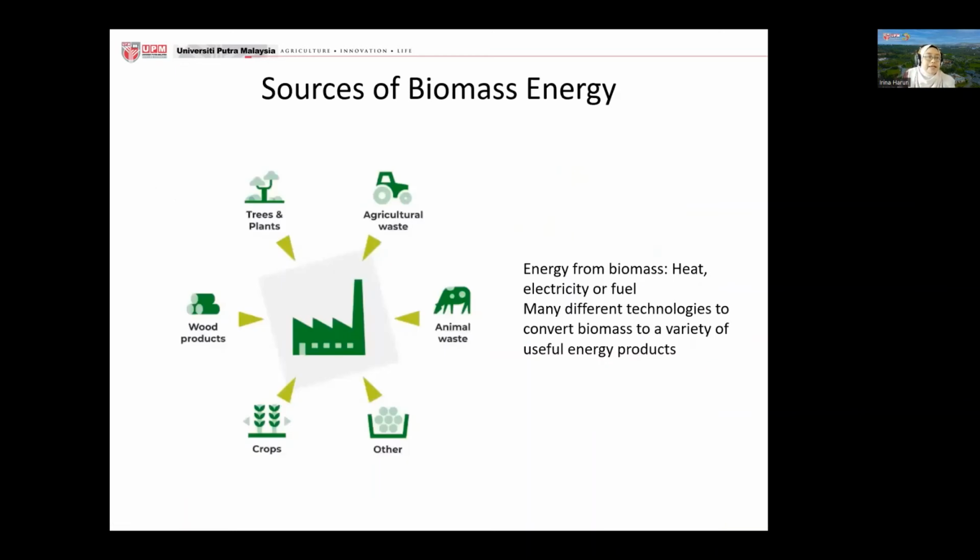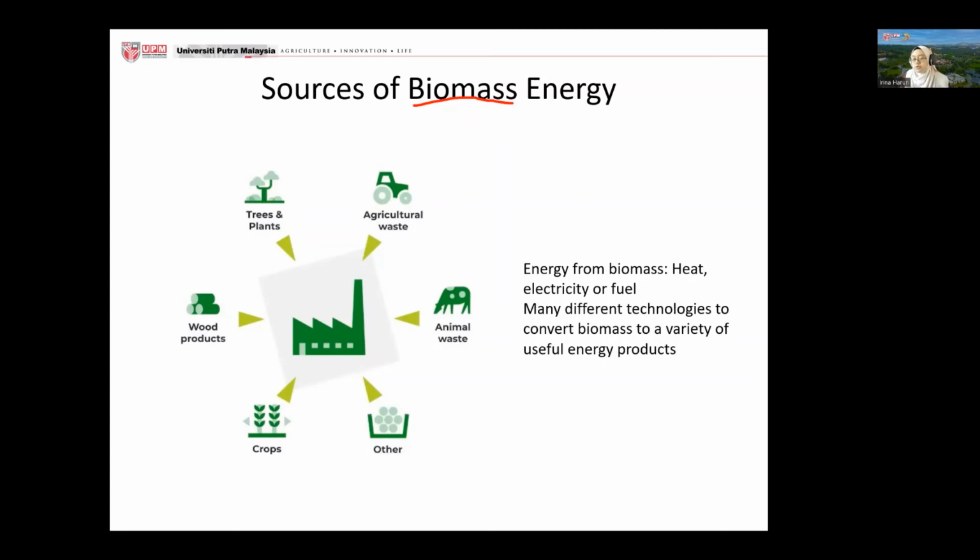But basically, if we talk about energy and usable energy some more, a lot of technologies nowadays want to make full use of biomass, especially those that are in the form of waste.